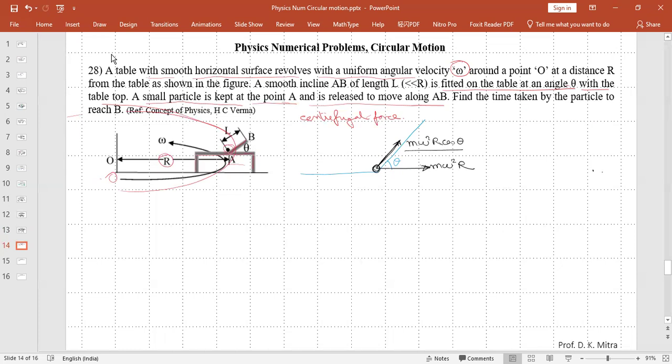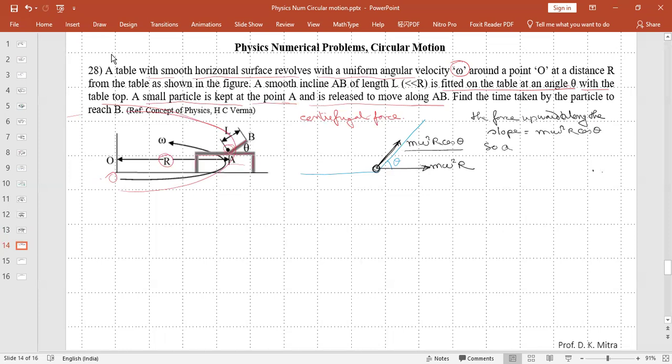So the force upward along the slope is equal to m omega square r cos theta.